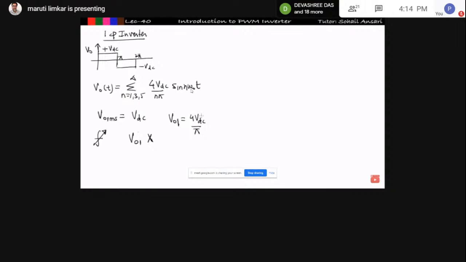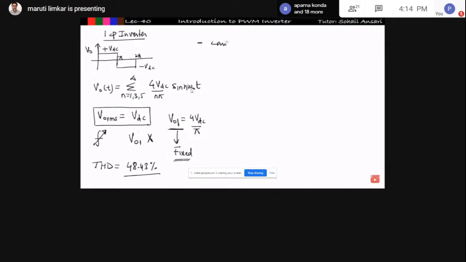Here the supply voltage is fixed, means the fundamental output voltage is fixed. We cannot vary the fundamental output voltage. And because of this nature, I was getting the THD equal to 48.43%. All these concepts we saw in the previous four lectures, right? So by using this technique, what is the problem? The problem is that we cannot control the fundamental output voltage or the RMS output voltage. See, here the RMS output voltage is also fixed.